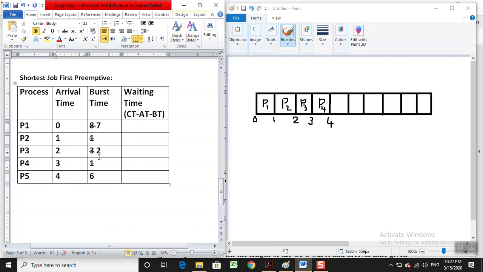So now we have to look at which process has the lesser burst time. Which are available now? P5, P3, and P1 are available. So P3 has the shorter burst time. Now it has to continue. That is P3, and it will continue until its completion. So this job is also done.